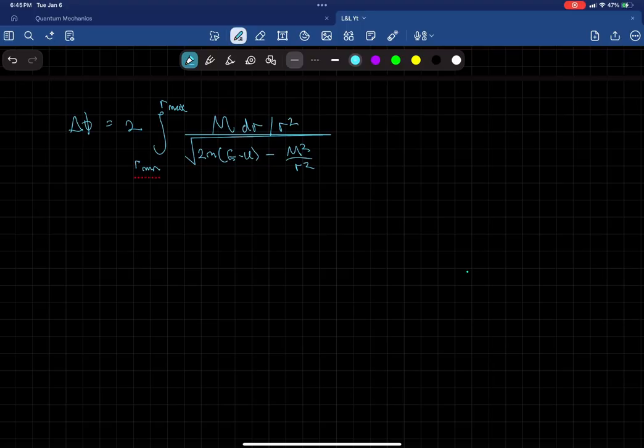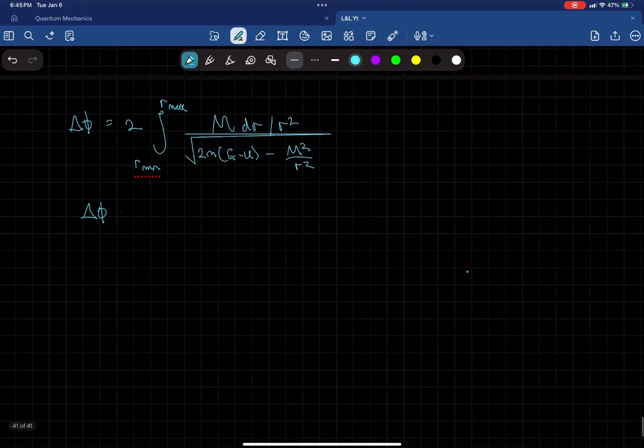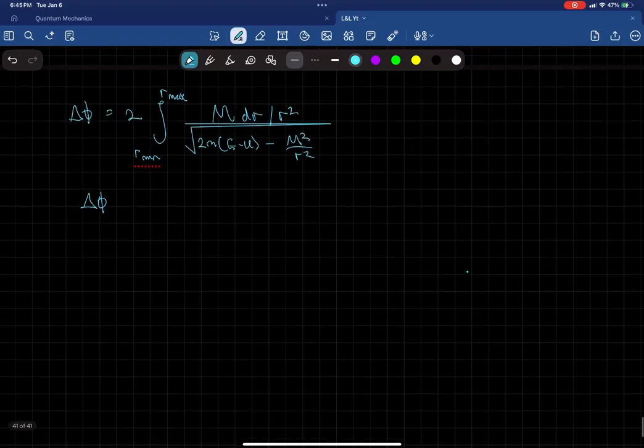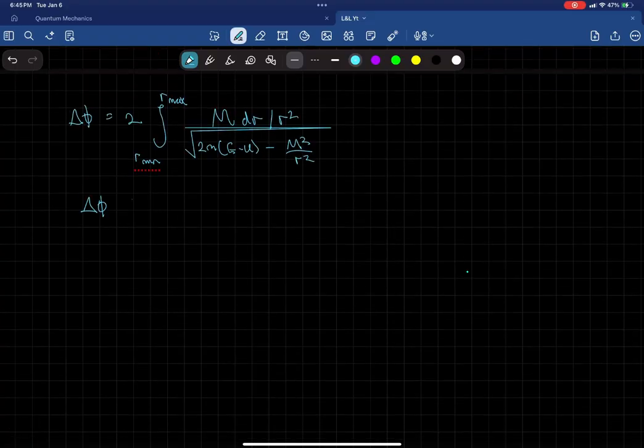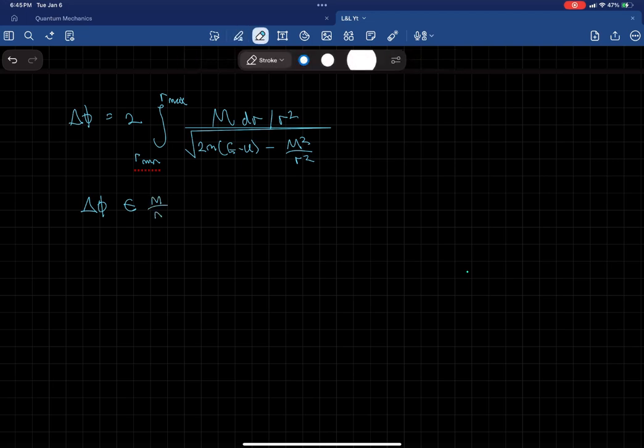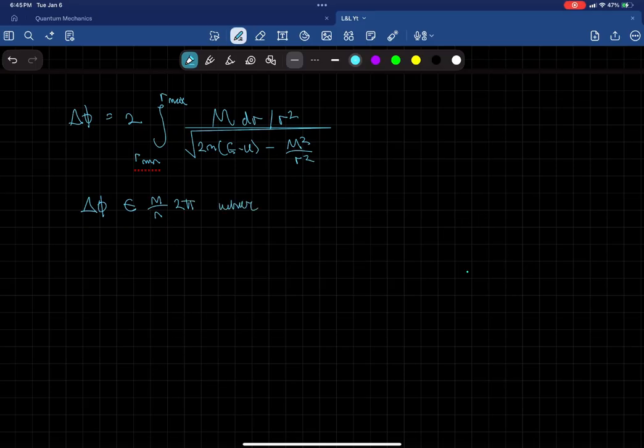The condition for the path to be closed is that this angle should be a rational fraction of 2 pi. So for a closed path, this would have to equal m over n times 2 pi, where m and n are whole integers.